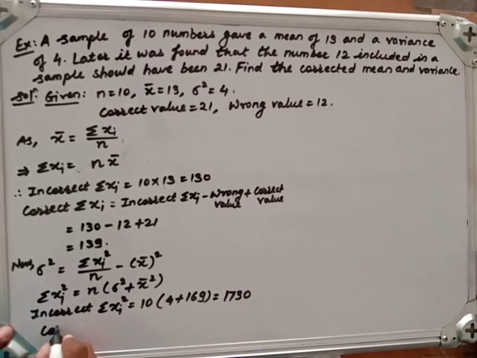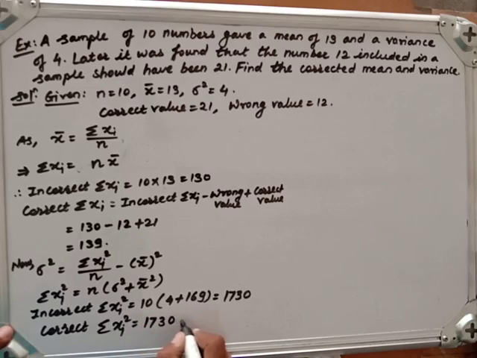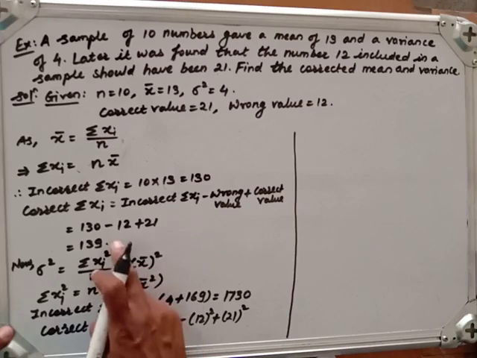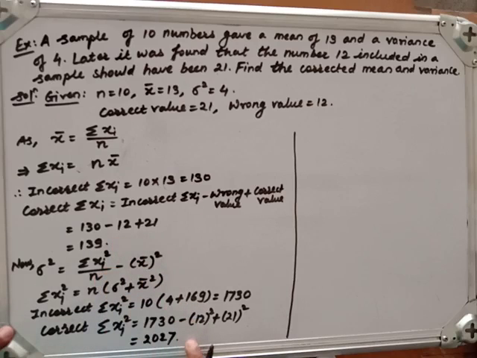While the correct summation xi square is 1730 minus 12 square plus 21 square, and this simplification will be 2027.